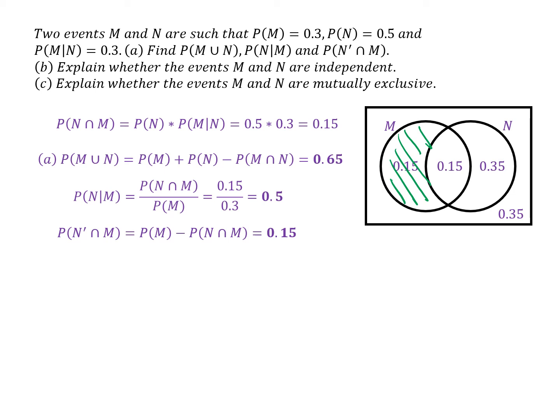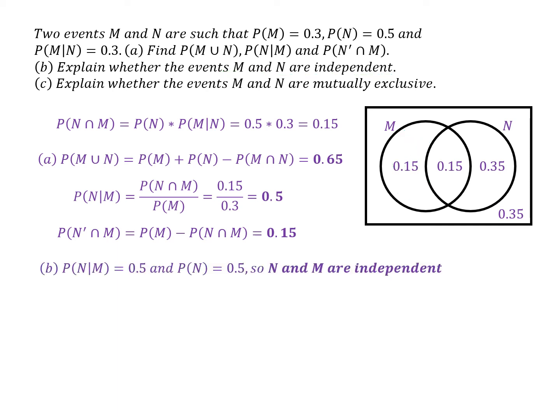Okay, so part B, explain whether the events M and N are independent. Well, there's a couple of ways of doing that. The first way is to compare the probability of N given M and the probability of N. And if they're the same, then that means N and M are independent.